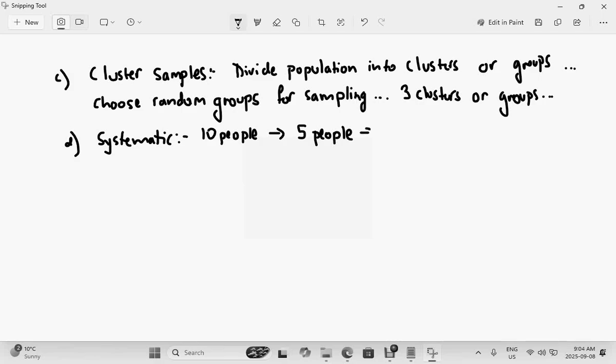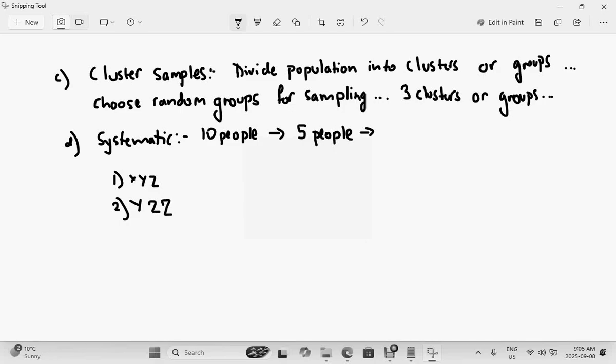So in that case, you will choose 5 people. When you have a population of 10 people, you will choose 5 in a way that you pick every second person. You will organize a list of people, number them and write down their names, the first and last name, and so on.